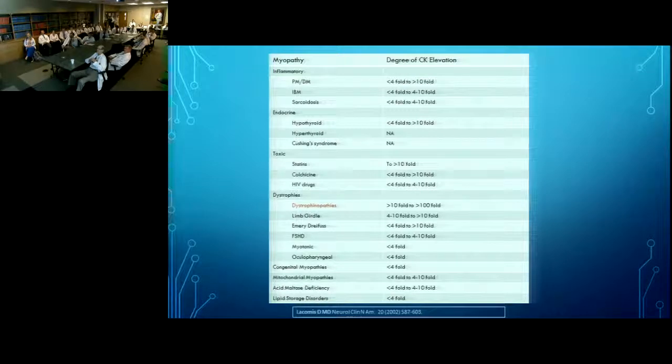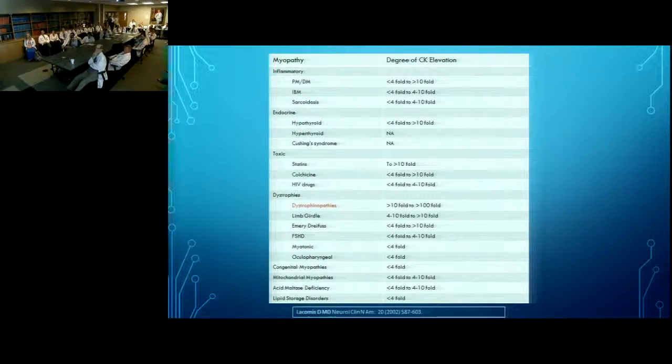And among the acquired causes of myopathy, the highest CK elevation is really present in the inflammatory myopathy group, the polymyositis and dermatomyositis. Unfortunately, for the rest of the myopathies listed in this slide, there's really not a good correlation between CK level and specific form of myopathy.